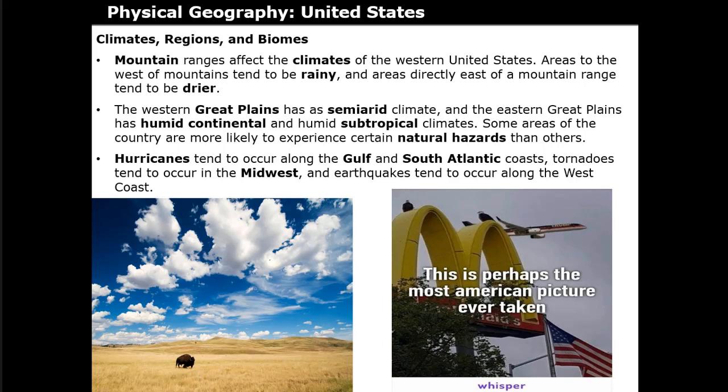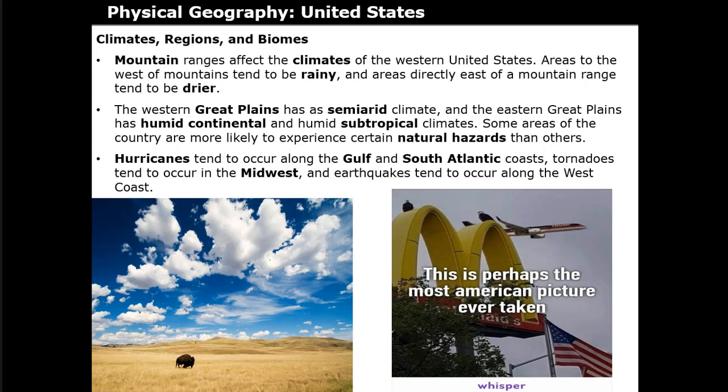Areas west of the mountains tend to be more rainy, and areas directly east of the mountain range tend to be drier. In the western Great Plains, there's a semi-arid climate. We'll get into the different climates. About to show you a climate map that breaks all of this down.